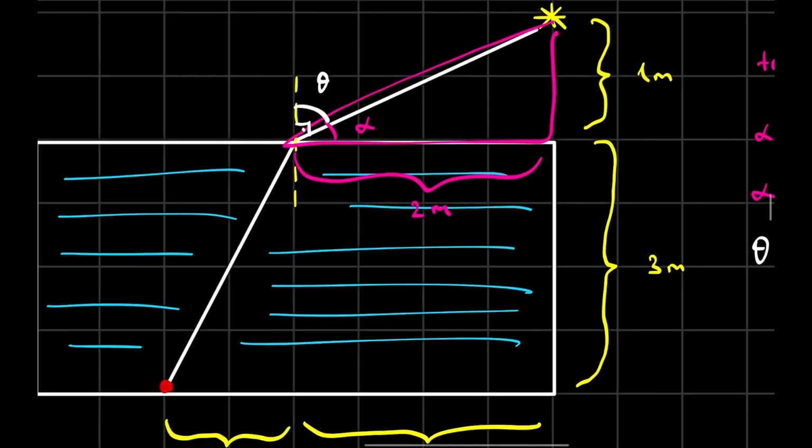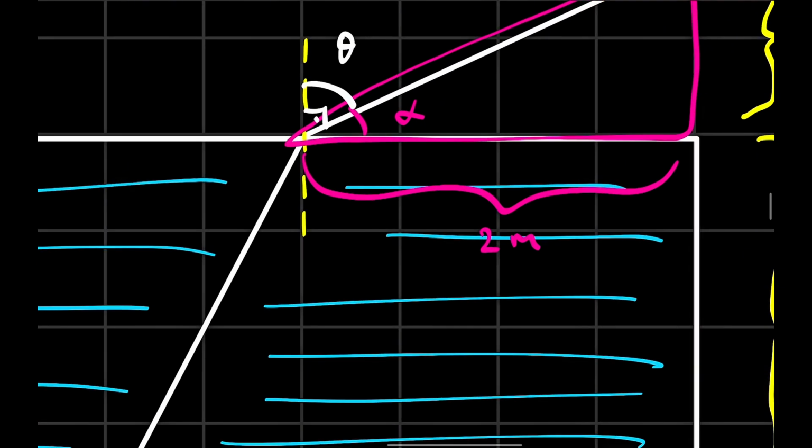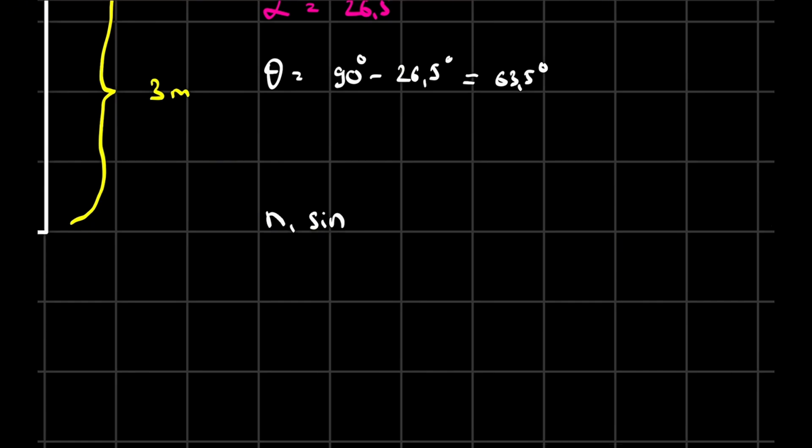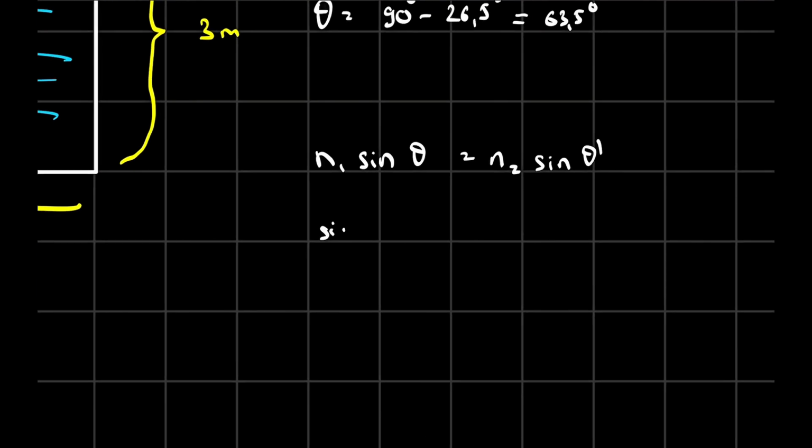So if this enters at 63.5 degrees, we need to find this angle, which is theta prime. Right now I can apply Snell's law. It's n1 sine theta equals n2 sine theta prime. I need to find sine theta prime, which equals n1 sine theta divided by n2, and theta prime is just the arcsine of this.